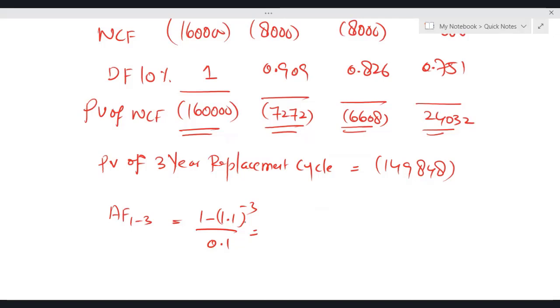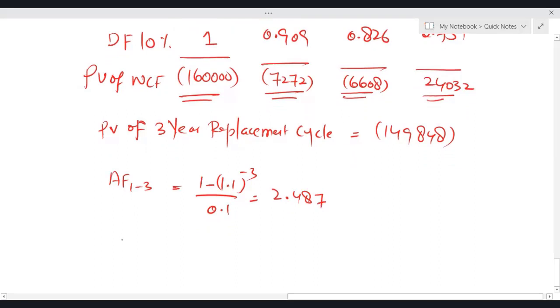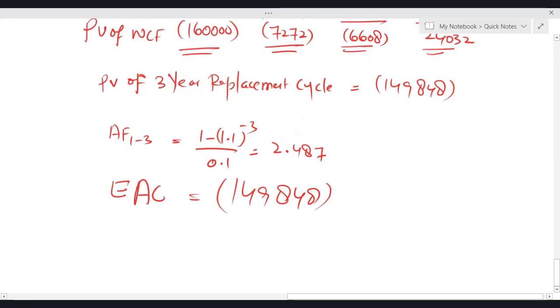I'm getting 2.4868, so you can make it 2.487. Equivalent annual cost: 1,49,848 divided by 2.487. Let's see what is the answer.